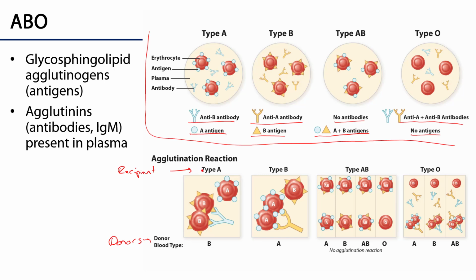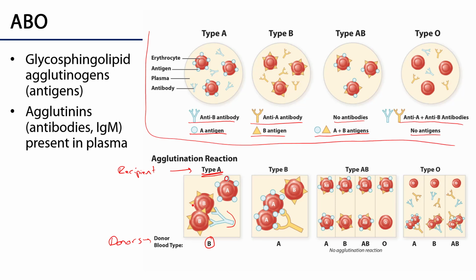So for instance, someone who is type A, so they'll have A antigens on the surface and anti-B antibodies. If they were to receive type B blood, their antibodies would agglutinate it.